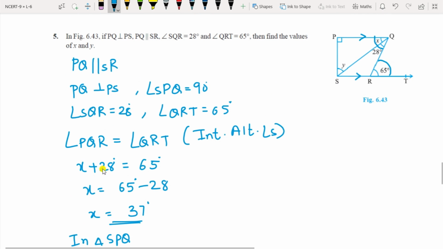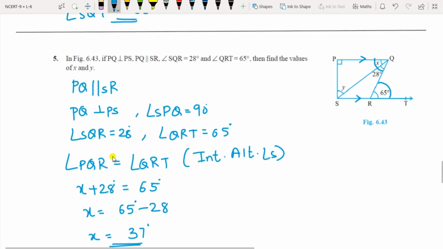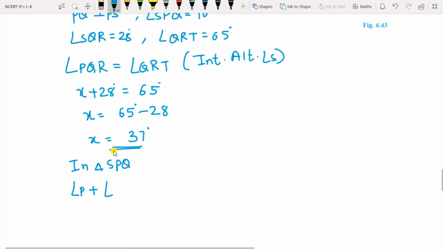So in triangle SPQ, name the angles. Angle P is single, so we can write it. Then PSQ plus PQS equal to 180.